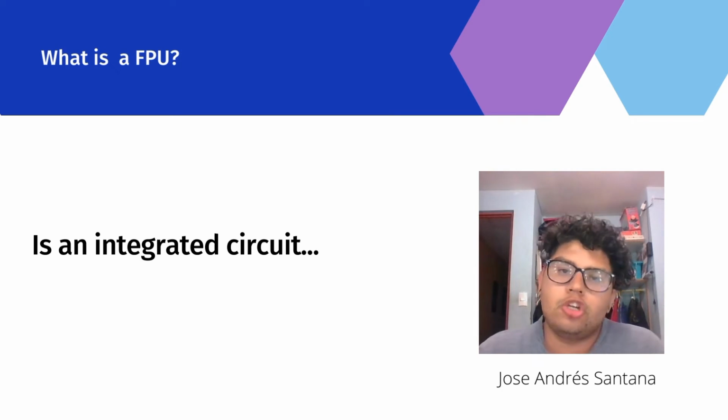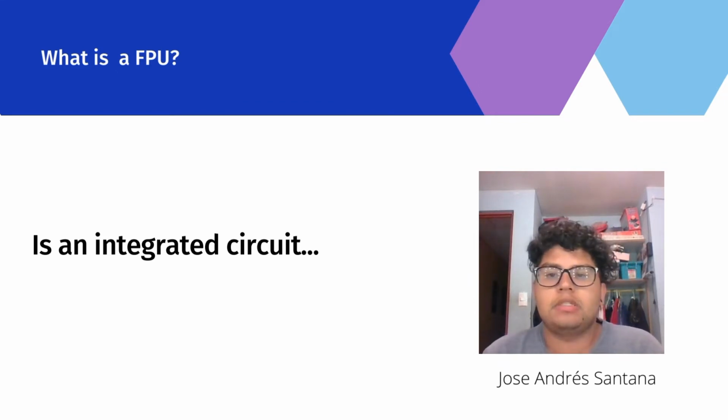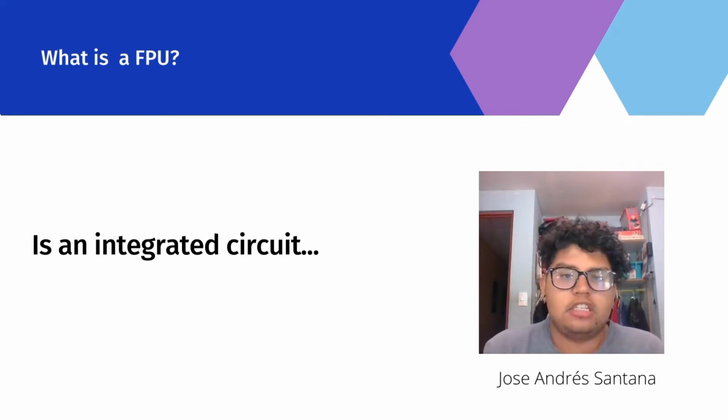A floating point unit is an integrated circuit that handles all mathematical operations that have to do with floating point numbers or fractions. It is a dedicated logical unit specifically designed to work on floating point numbers and nothing else, hence the name.